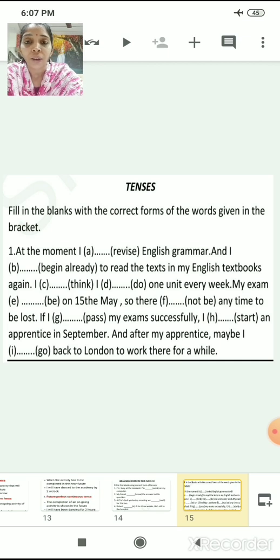So, you may get questions like this. An entire paragraph is given and you need to fill in the blanks with the correct forms of the words which are given in the bracket. Okay. So, students, prepare well for your exam. Go through the original videos, the first initial videos which were sent for tenses, because those videos are more elaborate.